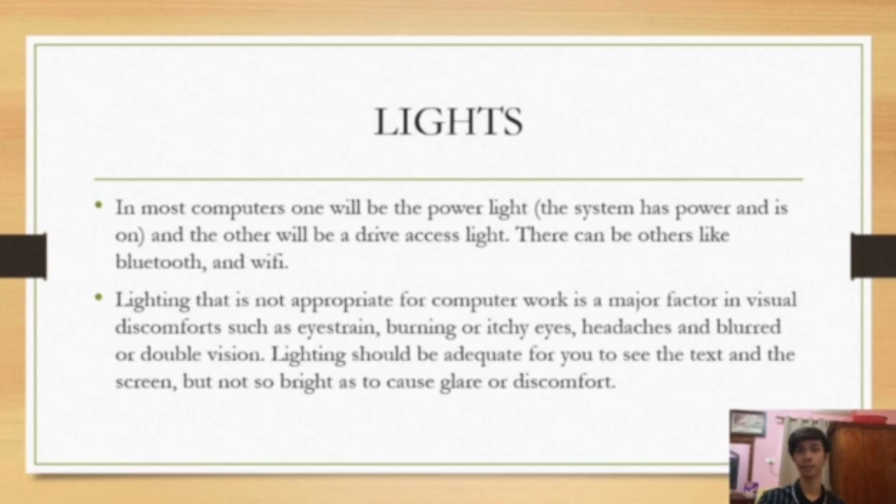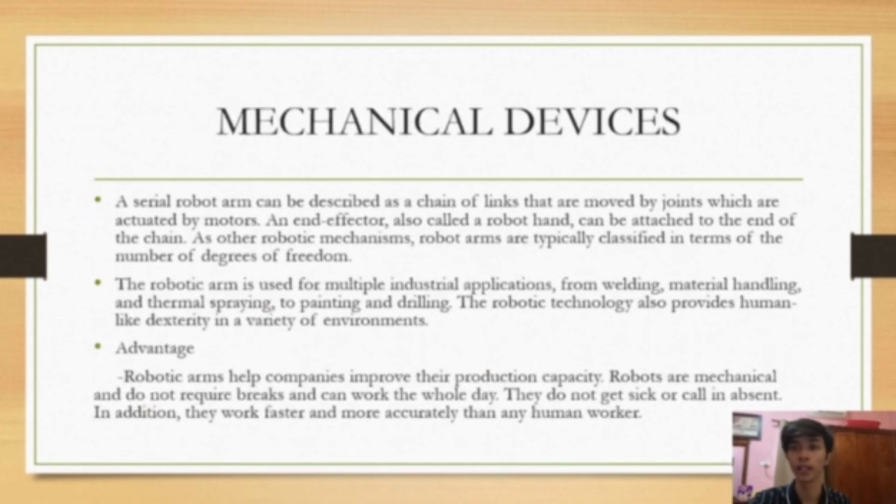Why is lighting important? Lighting that is not appropriate for computer work is a major factor in visual discomfort, such as eye strain, burning or itchy eyes, and blurred or double vision. Lighting should be adequate for you to see the text on the screen, but not so bright as to cause glare or discomfort.